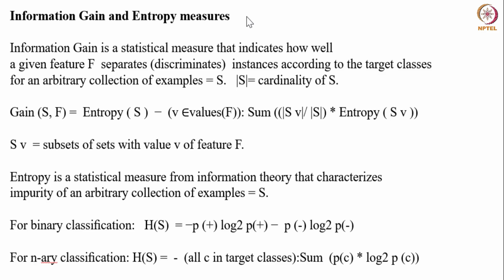So this is the entropy definition. And for n-ary classification, where we have many classes, it's just the negation of the sum over all classes of the probability of that class times the binary logarithm of that probability.